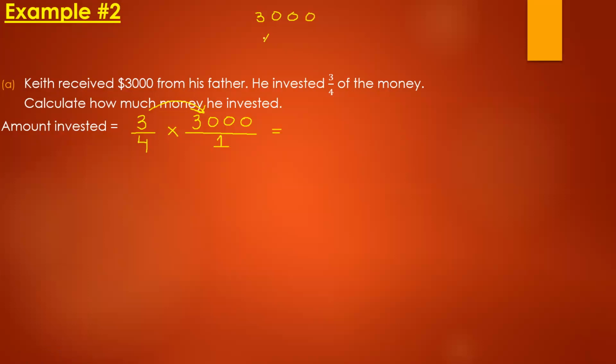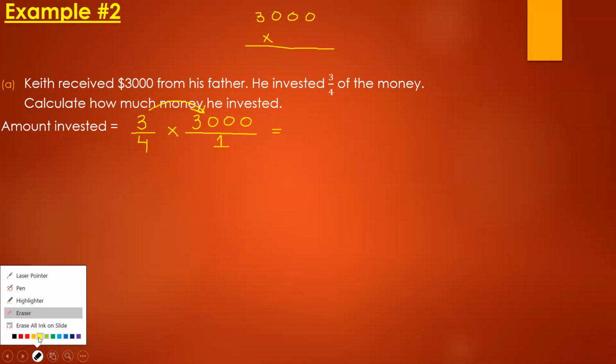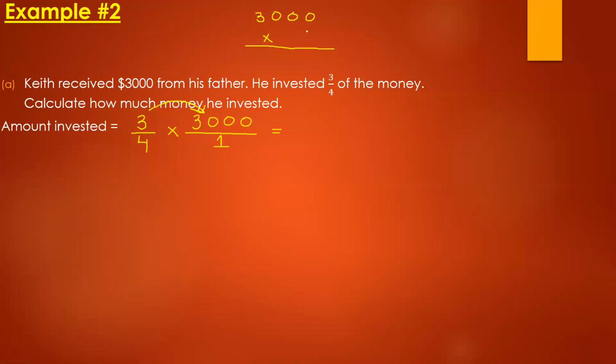So 3,000 times 3, all over 4. Let me change that 3, it's not a good looking 3. So we have 3 multiplied by 3,000. 3 times 0 is 0, 3 times 0 is 0, 3 times 0 is again 0. And what is 3 times 3? 9, no doubt. So 3 times 3,000 is 9,000.